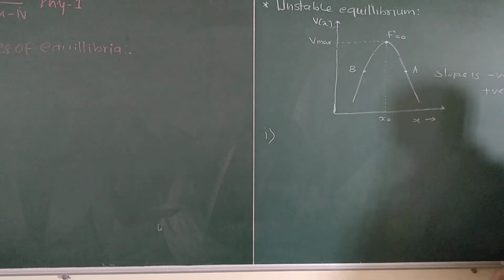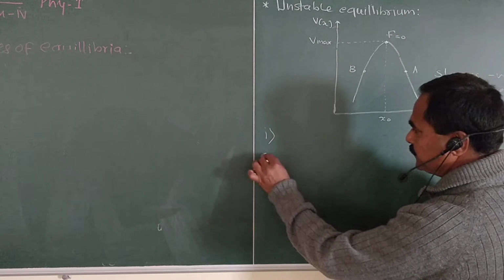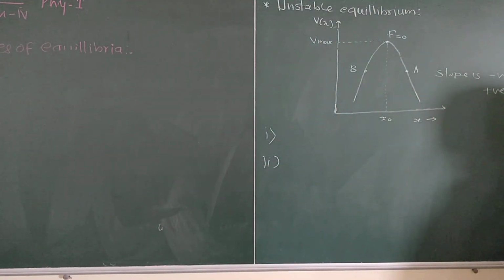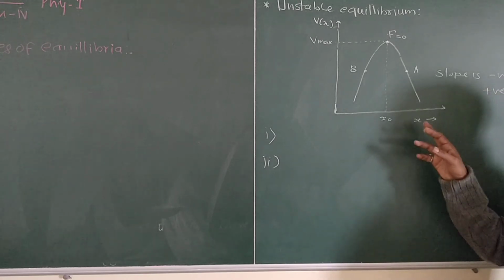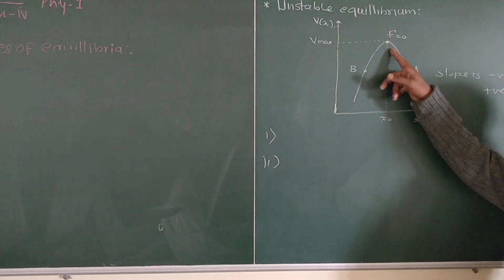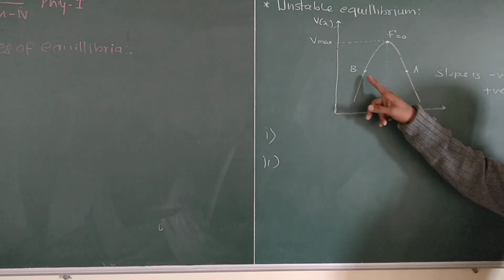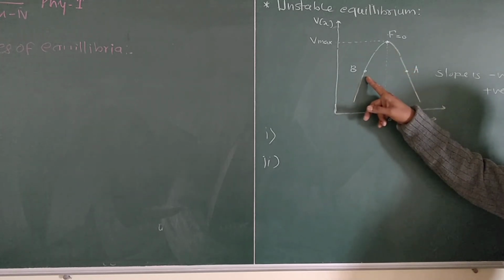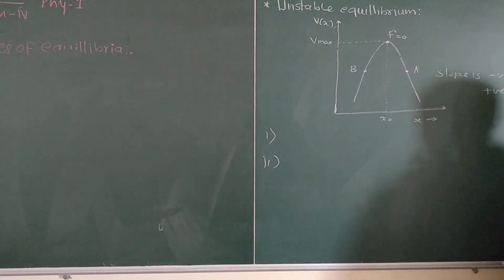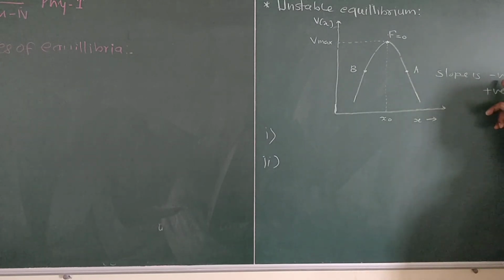Then consider second: we displace the particle from the equilibrium position toward the left at point B. What is the value of slope? The slope is positive, and when the slope is positive, the force is negative.